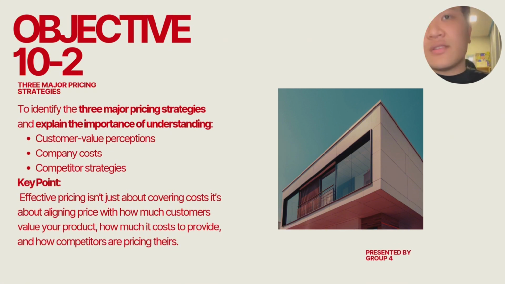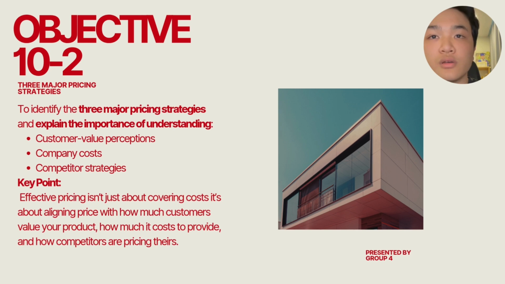For Objective 10.2, we focus on the three major pricing strategies that companies use to set prices. These are customer value-based pricing, cost-based pricing, and competition-based pricing. The key idea is that pricing should not happen in isolation.